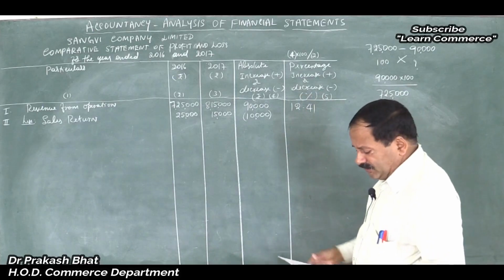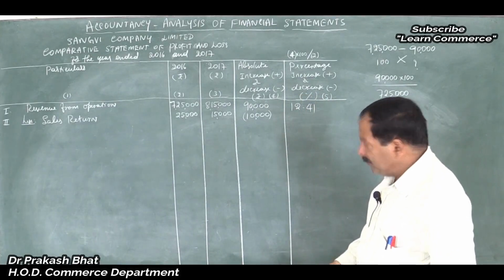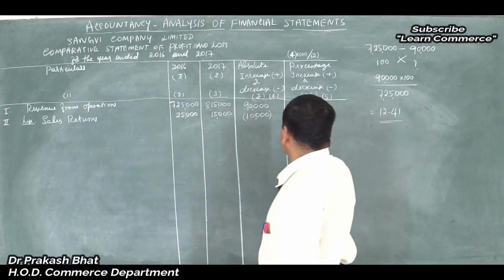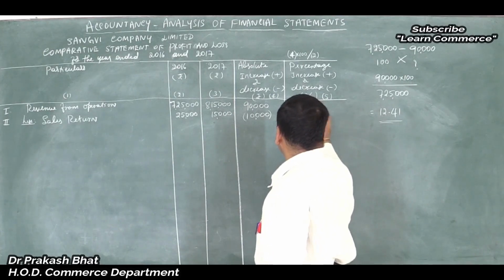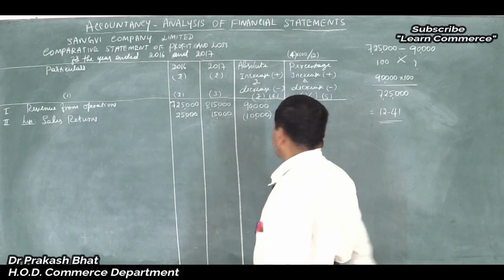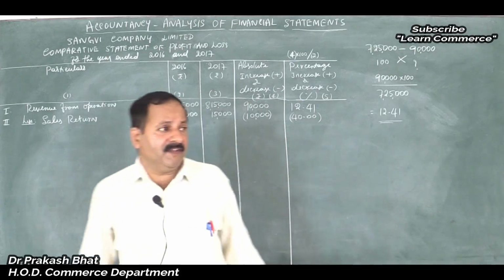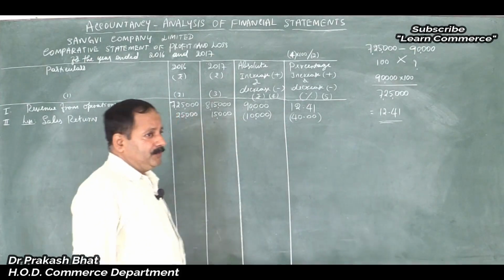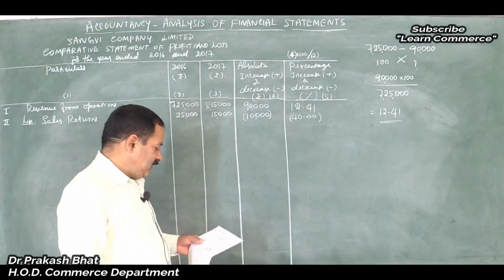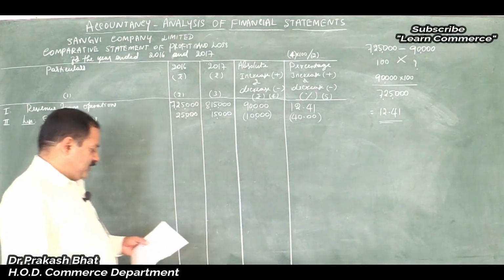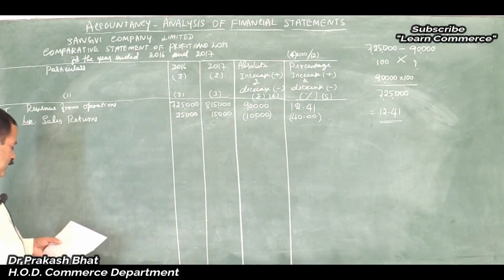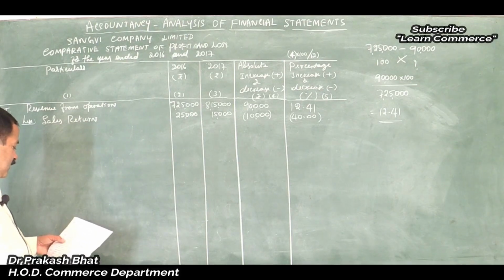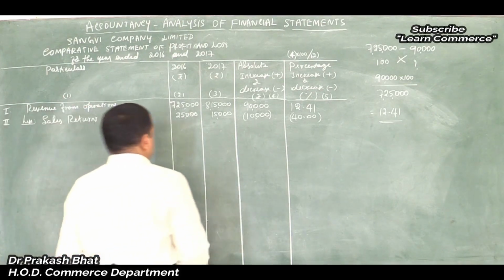You will get 40%, 40.00. As it is a negative figure, put it within the bracket. That's what you have to do here. Then the next one is the third one: add revenue from, net revenue from operations. Whatever you get here is net revenue from operations.